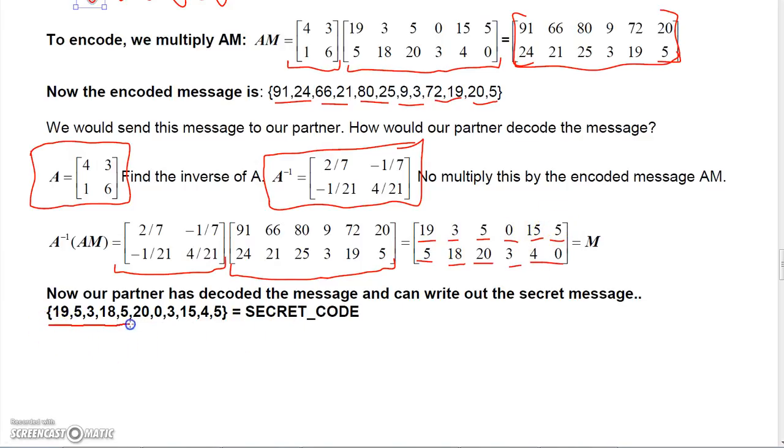And then my partner, once he gets the matrix decoded, can read this SECRET space CODE, and he can decode the message. Okay, so it's an interesting application that you can do with matrices and their inverses.